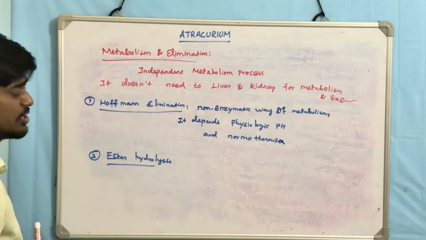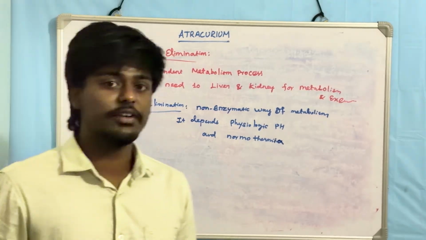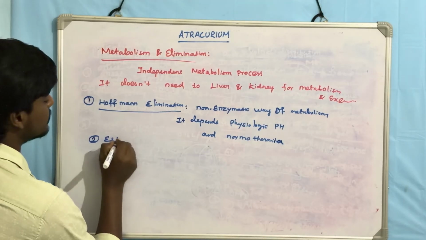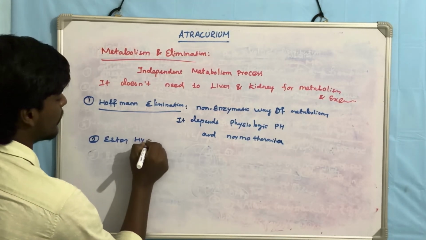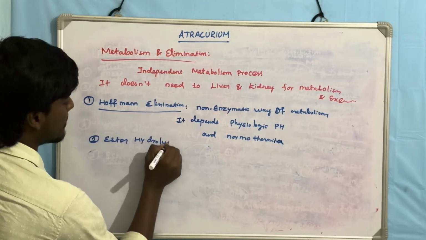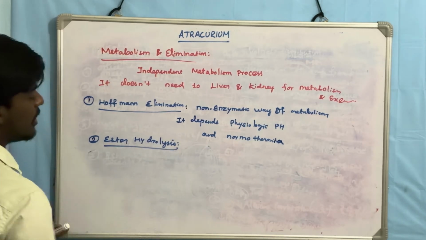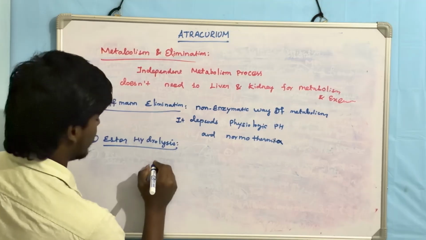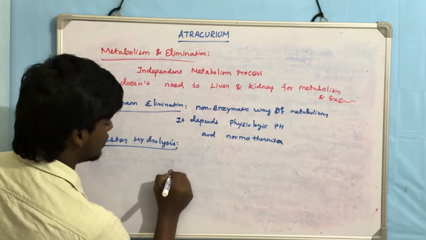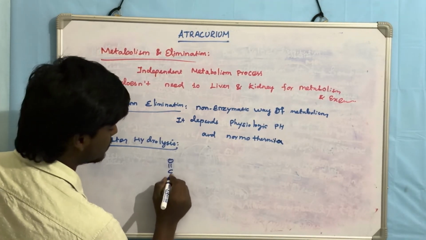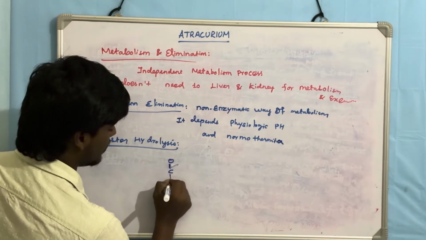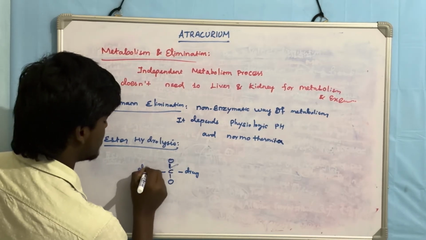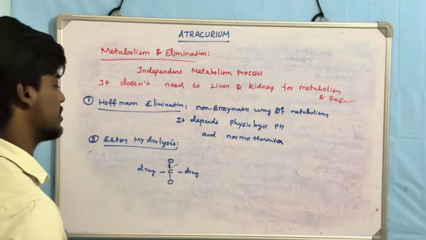The other one is ester hydrolysis. The second way of metabolism is ester hydrolysis. It is a chemical reaction between the Atracurium and water. Atracurium has an ester bond in its chemical structure.